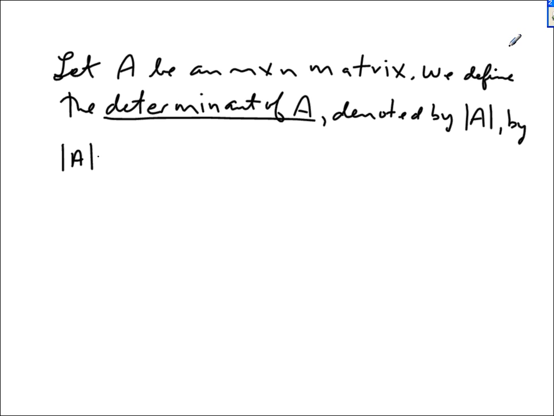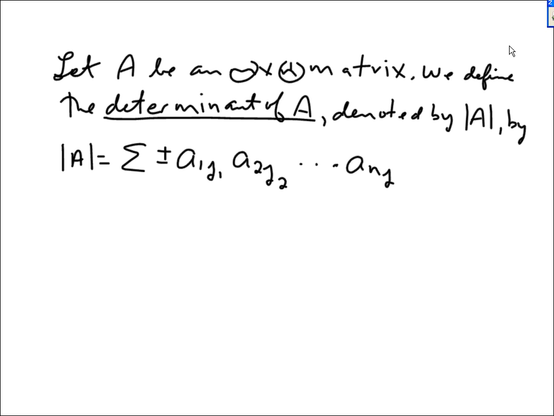The determinant of A is the summation of plus or minus A1 j sub 1 times A2 j sub 2 times A3 j sub 3 all the way up to An j sub n, column jn. So I need to define a couple of things.